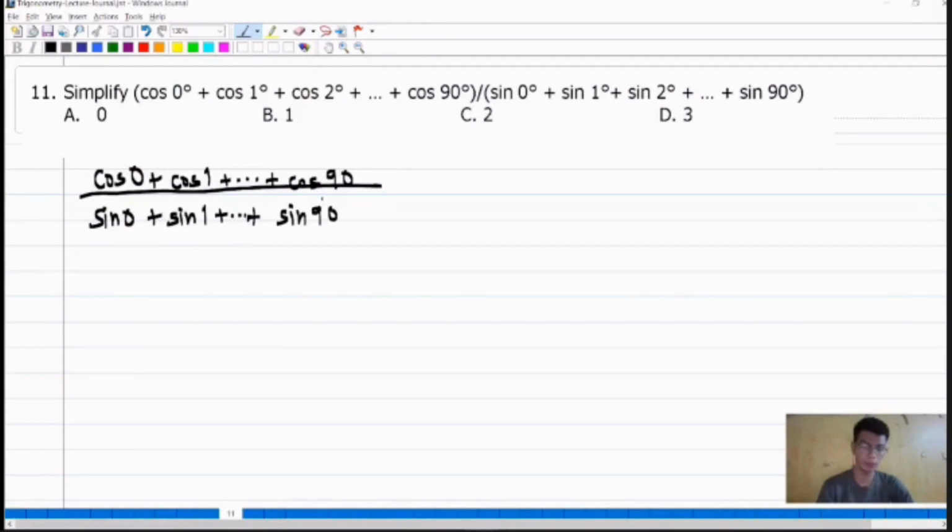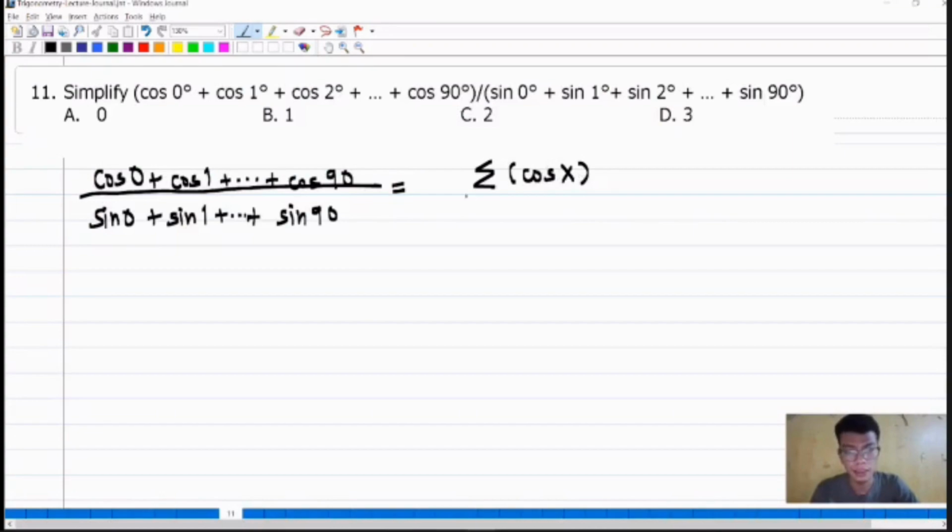So medyo mahaba yung solution nito kapag type natin sa calculator, hindi pa nga siya kaya ng calculator, hindi pa kaya yung number of characters. Pero ano yung mas madaling gawin natin? Using a function of calculator, the summation, na kung saan yung nasa loob dito is cosine x.